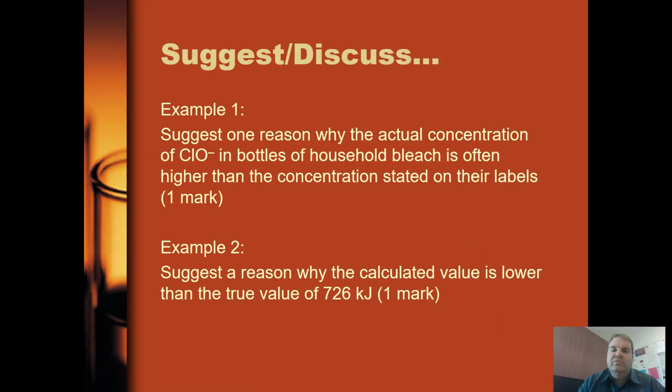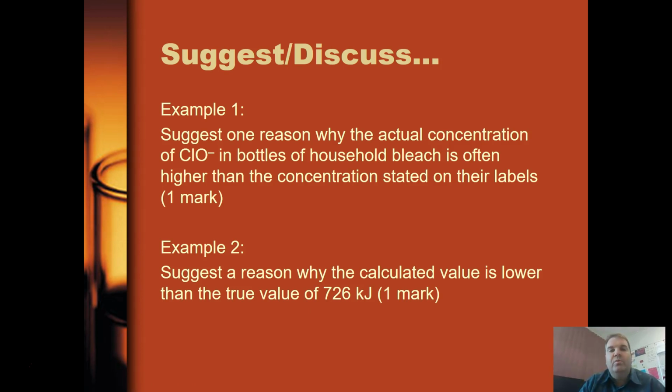When they're using suggest or discuss, this is normally more of a 1 mark thing. Here we've got suggest one reason why the concentration of hypochlorite ions in bottles of household bleach is often higher than the concentration stated on their labels. 1 mark here. You could say something like, so that there's no issues with the concentration in the bottle being lower than what's stated, so they're not open to any lawsuits.